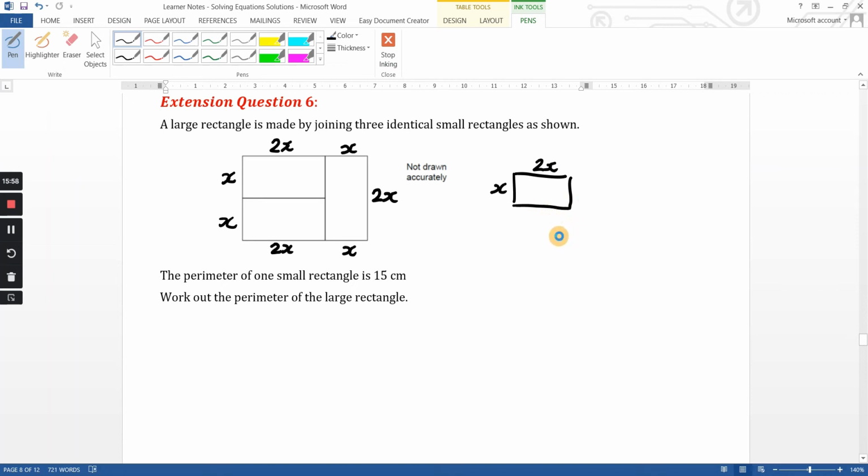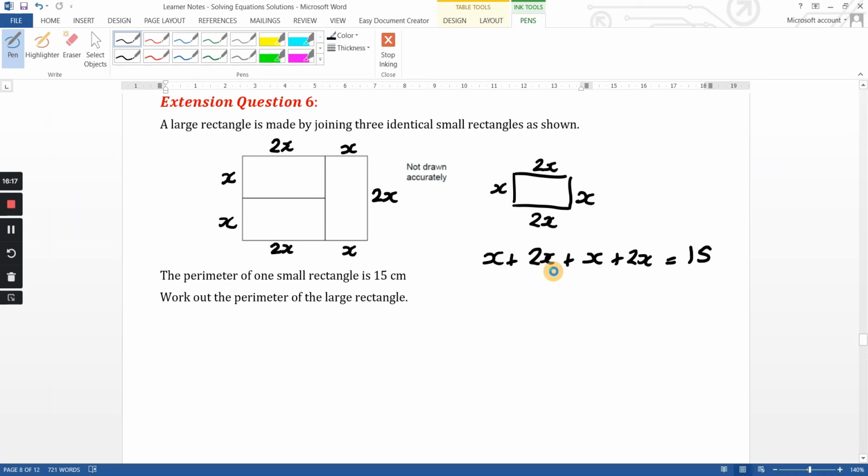So let's see if we can use this. The perimeter of one small rectangle, which is this, equals 15. So x plus 2x plus x plus 2x equals 15.